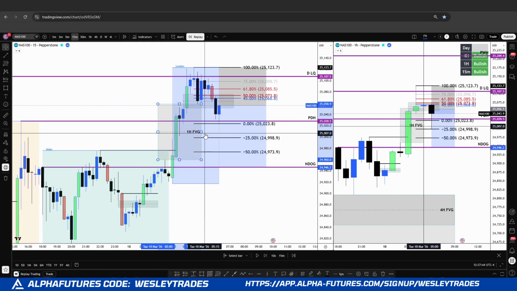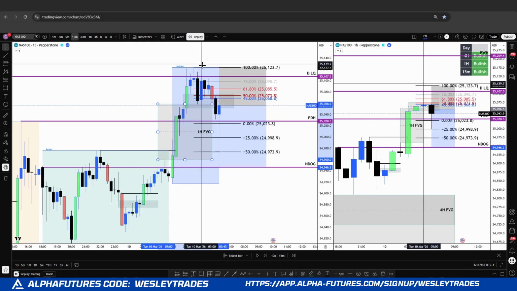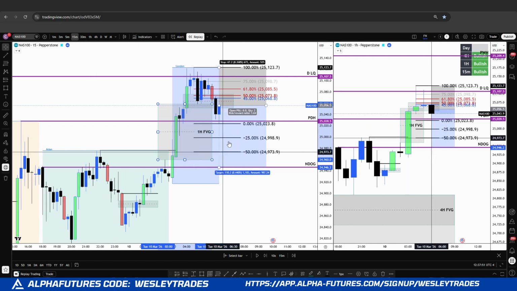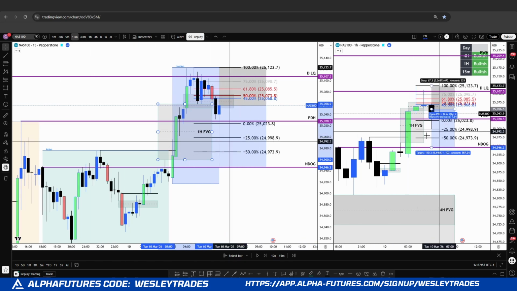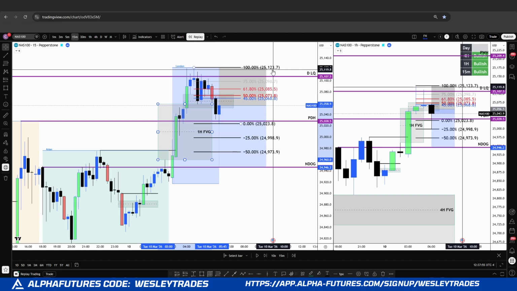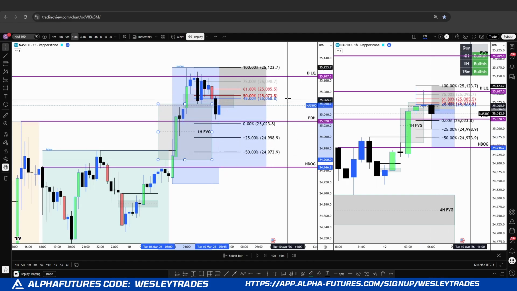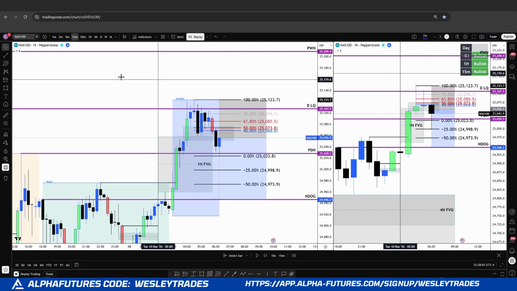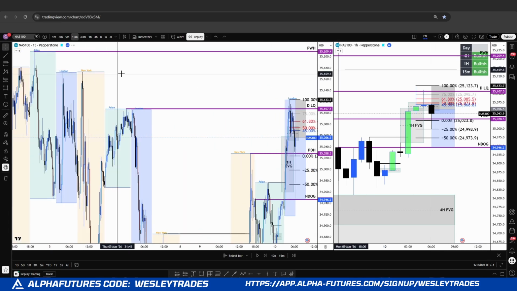So we could do one of two things: we can trade the retracement, or we wait for the 15 minutes to turn bullish again inside this 1 hour fair value gap, and then go with the ride to the top and target this as the take profit, or that as the take profit, or even one of these session highs as a take profit.